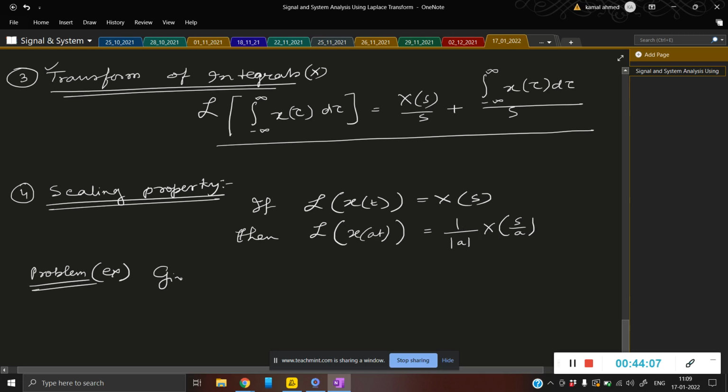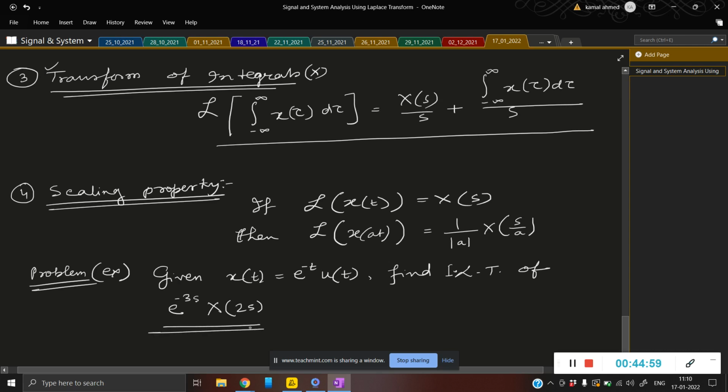That is, given x of t equal to e to the power minus t u(t), find the inverse Laplace transform of e to the power minus 3s X of 2s.